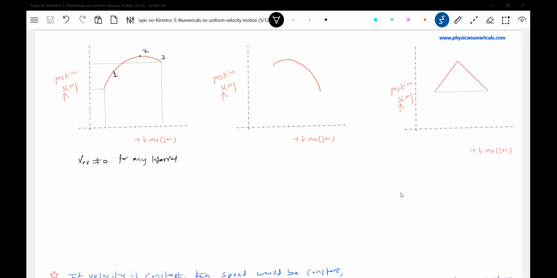Average velocity will be non-zero for any interval of time. You can clearly look at this condition.